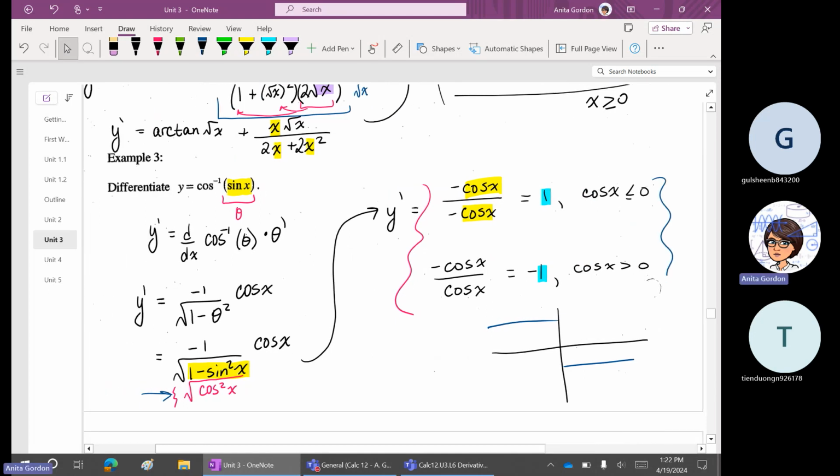So this is just describing this, right? Because we took the square root of cos squared. So if it ends up being negative, then our derivative is negative 1. Technically, yes, because it's cos over cos, so it cancels itself out. Do you understand what I'm saying? Yeah?